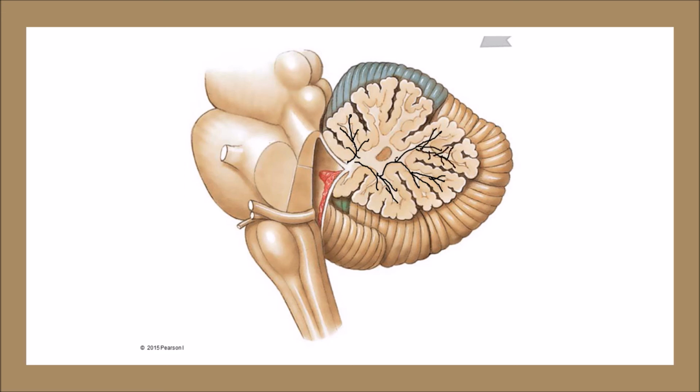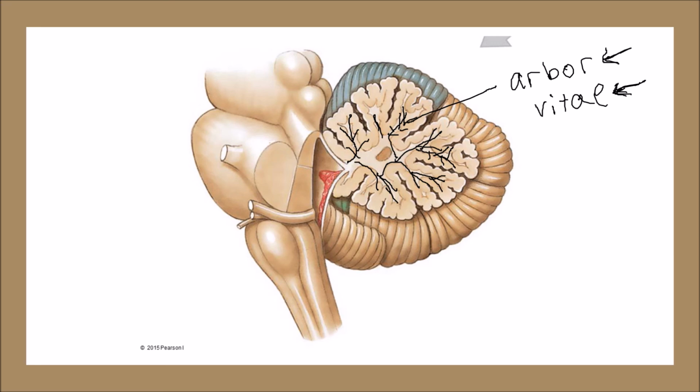In the models, they're white, and in your brain, they're kind of white also. And these tree branches are called arbor vitae. See, arbor for trees and vitae for branches. So they literally mean in Latin tree branches because they look like tree branches.